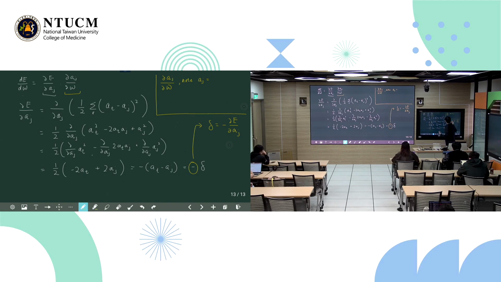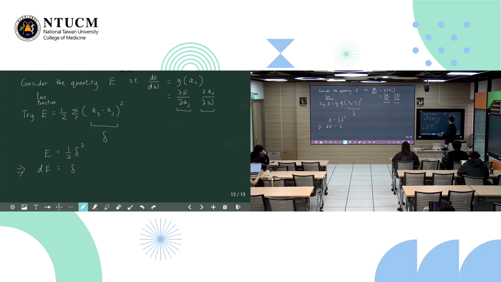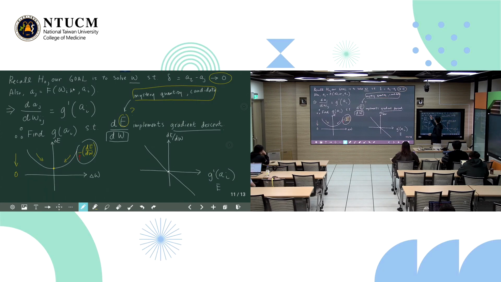So Aj is exactly the product of the input with respect to the weight. Imagine that f equals 1. All right, so that Aj is equal to 1 times Wij times Ai. Okay, that's the linear case first.